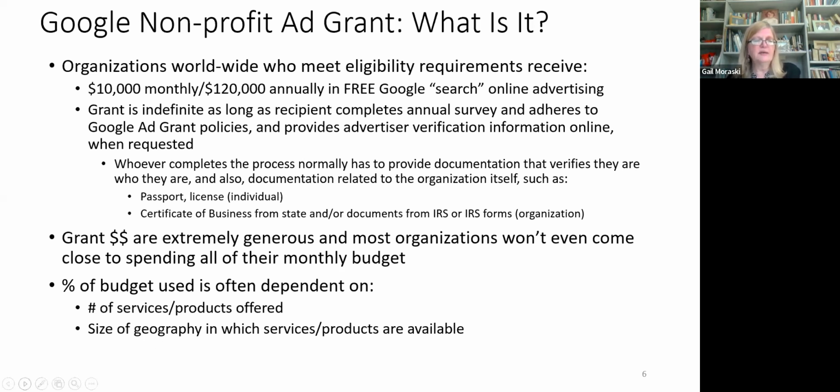So usually if somebody uses their grant across the whole US, those are the organizations that tend to be able to use a good chunk of their Google ad grant dollars.